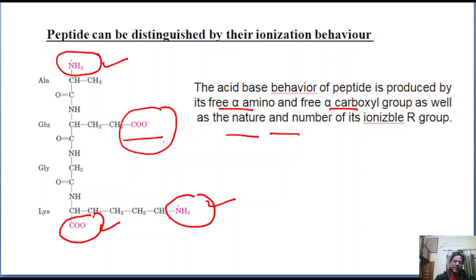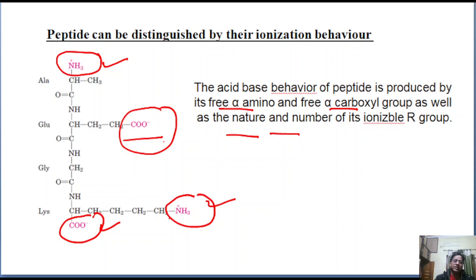All these amino and carboxyl groups are not free, only the terminal amino group and carboxy terminal group are free, but the R groups present on some amino acids contribute toward the acid base behavior, and their number will determine the acid base property of that peptide.